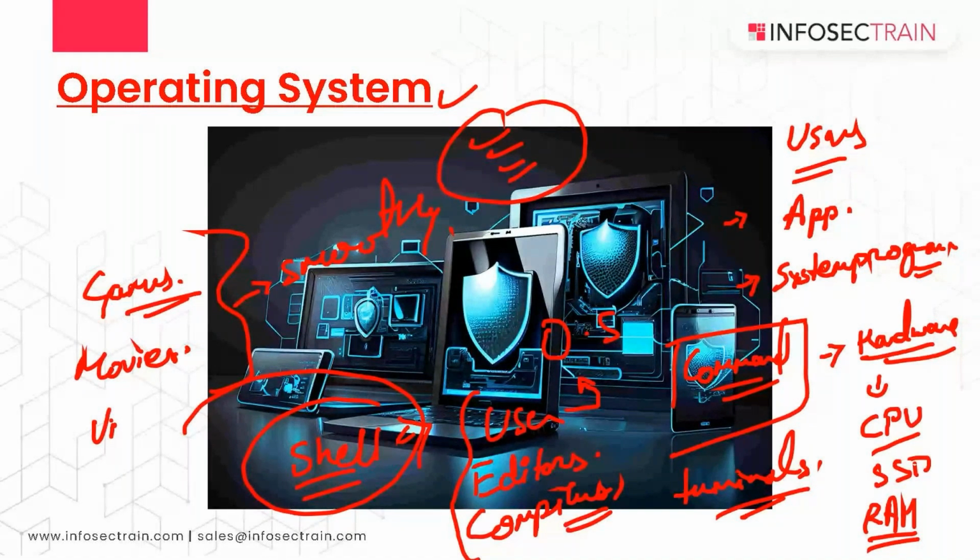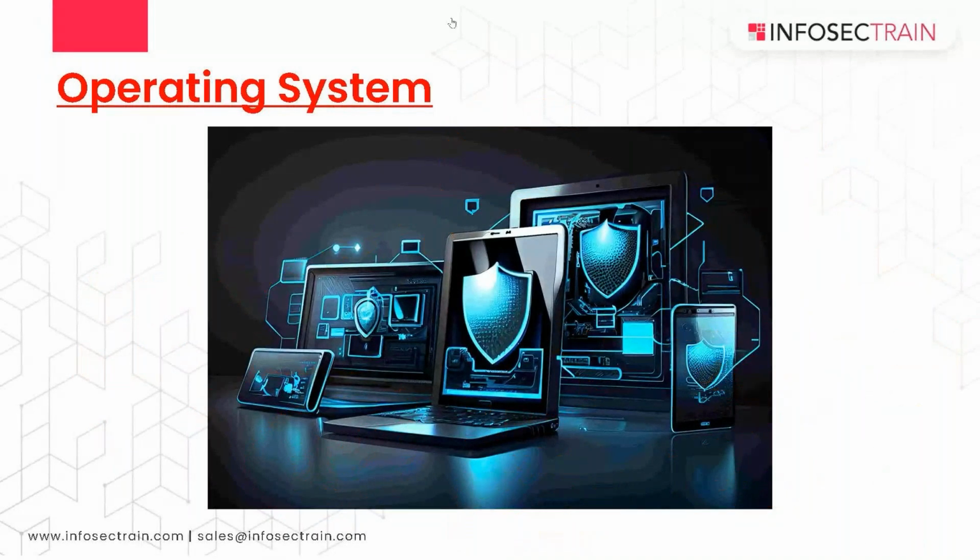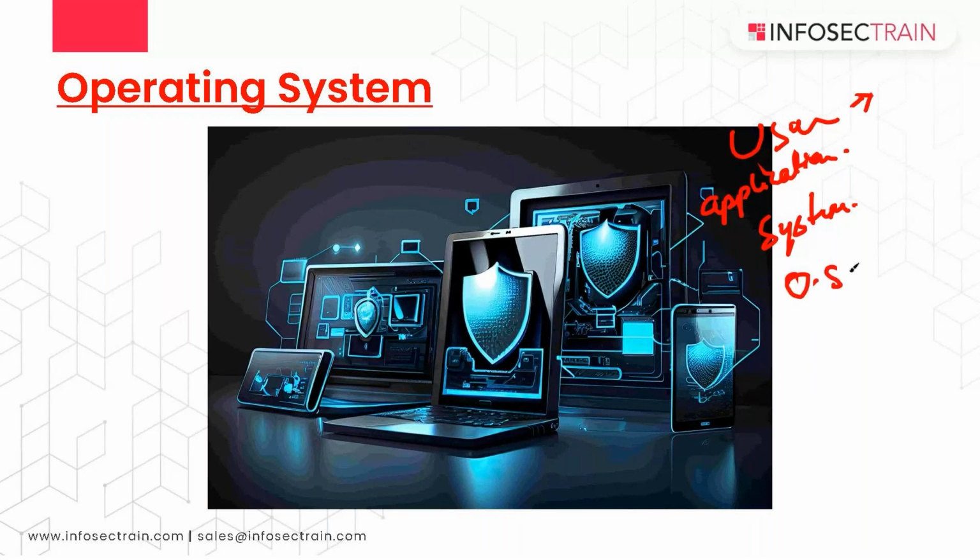Over here, the user uses the system. He uses the applications inside his system. Then he has the system programs which help him manage his system. He has the operating system, which is like the boss of his system.